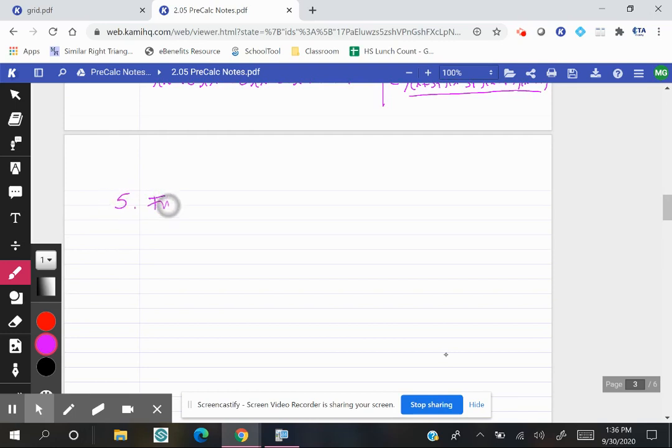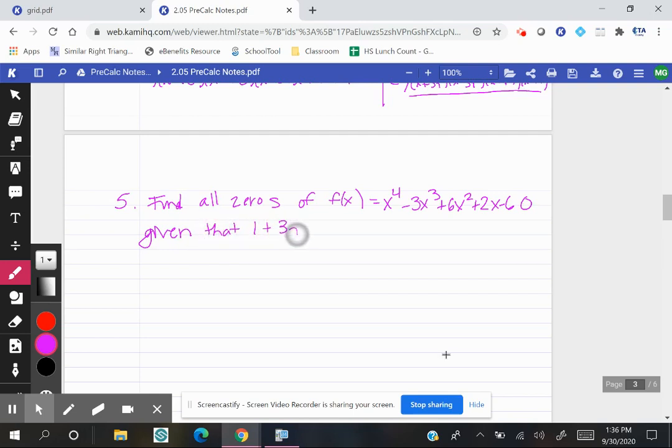Number 5. Find all zeros of f of x. X to the 4th minus 3x to the 3rd plus 6x squared plus 2x minus 60, given that 1 plus 3i is a 0 of f.